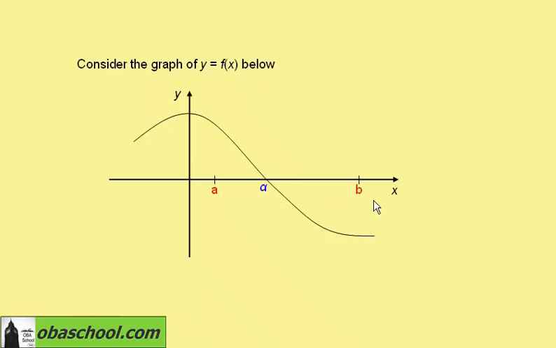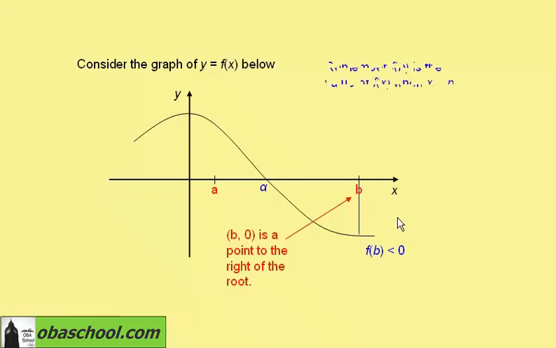Now let's consider B. B is a point to the right of the root. f of b is less than 0. Remember that f of b is the value of f of x when x equals b.